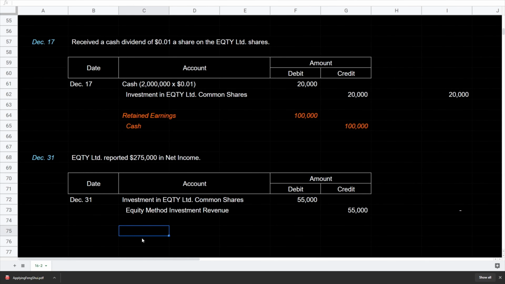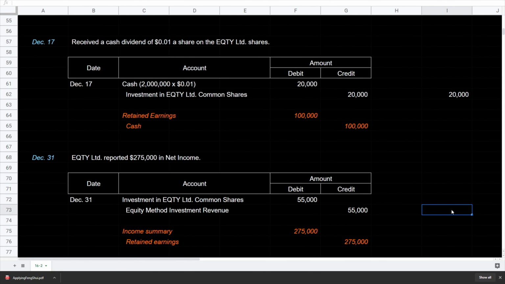Now, what does that mean? What is happening inside of the investee in this situation? Well, we know that in essence, the investee has income, so they would close their income summary of $275,000, and they would close that to retained earnings, wouldn't they, of $275,000.